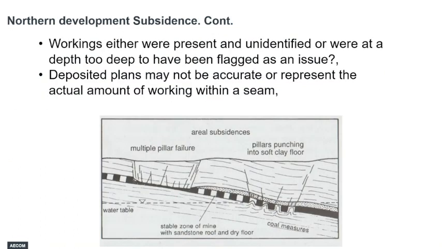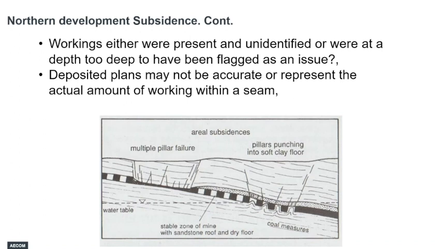So I've put this image up again. Workings were present and unidentified, or were they too deep to have been flagged as an issue? I don't know. Again, I'm just using this to illustrate a point. And I think it's important to bear in mind that presumably the plans were reviewed, and perhaps the plans didn't give an accurate or representative idea of the actual amount of working within a seam.